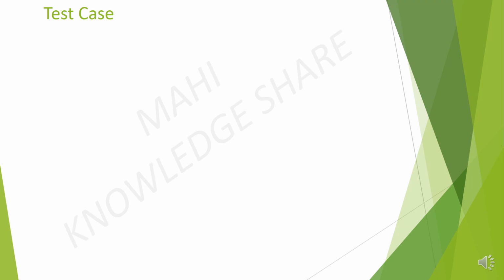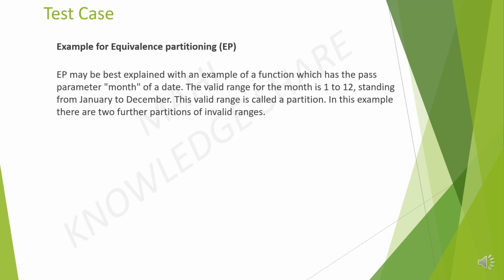Now we will see an illustration for equivalence partitioning. Equivalence partitioning may be best explained with an example of a function which has the pass parameter month of a date. The valid range for the month is 1 to 12, standing for January to December.